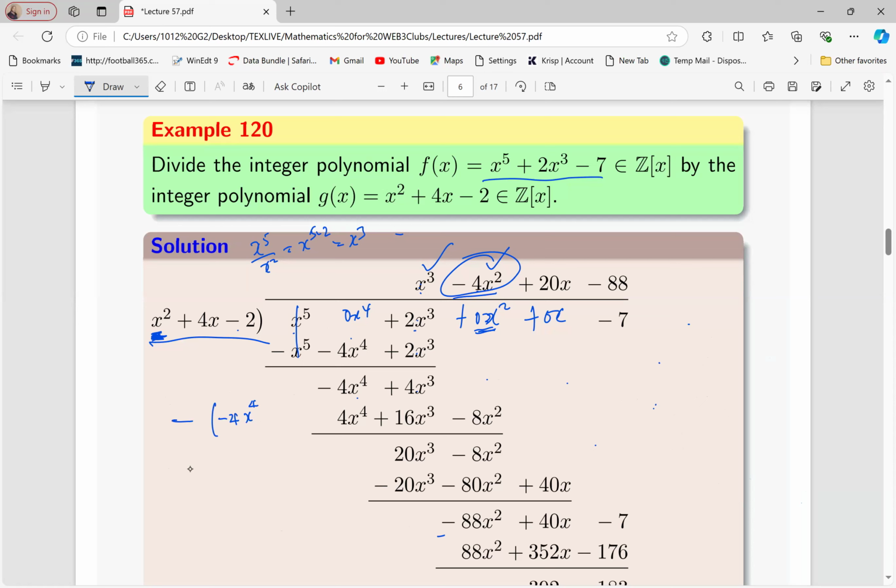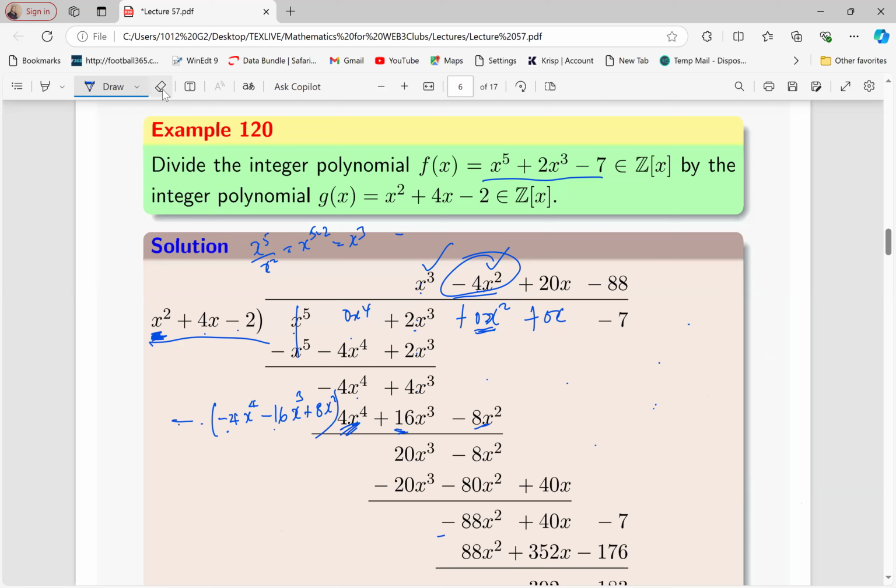Then negative 4x squared times that gives you negative 16x cubed. And then negative 4x squared times that gives you positive 8x squared. So when you take this minus inside, the first one will be positive, the second one will be positive again, and the third one will be negative.